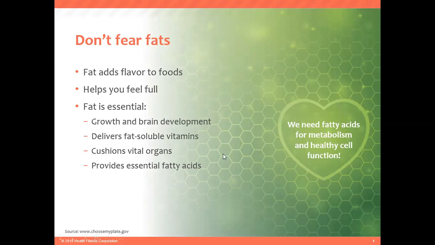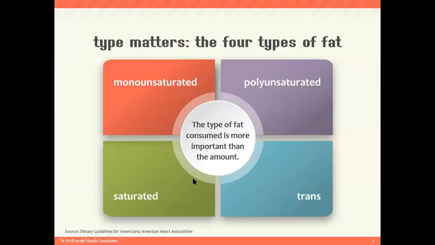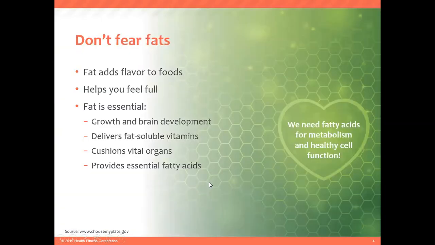Just to back up there, the fat-soluble vitamins would be things like vitamins A, D, E, and K. They get to the body through the foods containing fat. And then again, cushioning those vital organs, and providing essential fatty acids, which the body cannot make, and which are needed for metabolism and cell function.